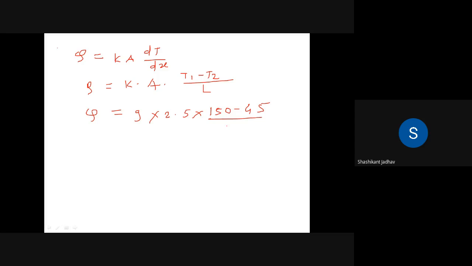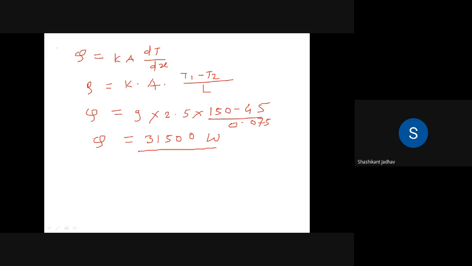Thickness is given in meters, 0.075. So from that we get the value of Q. Q is equal to 31500 watt.